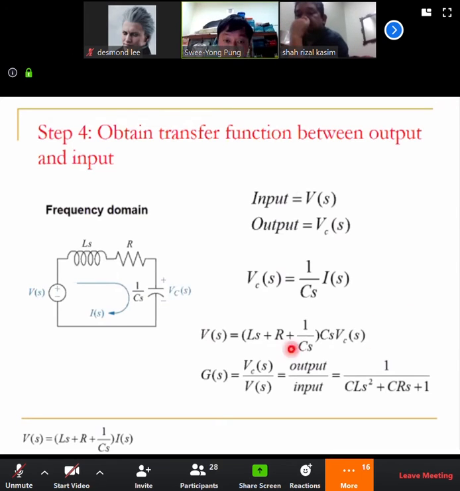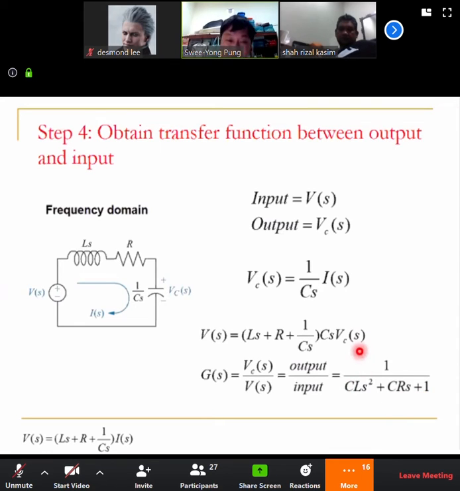Our output is VC, and our input is V. So what you need to do is rearrange this equation. We have VC here, we have V over here. So we move V to this side, and we move all these components to the other side. And this will be our answer.